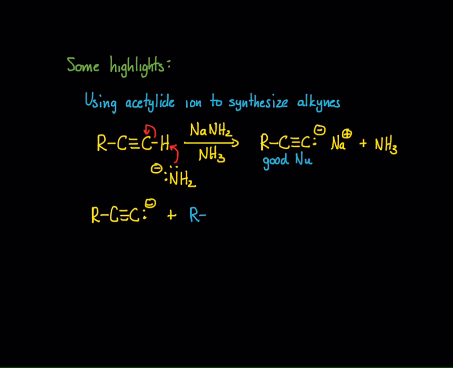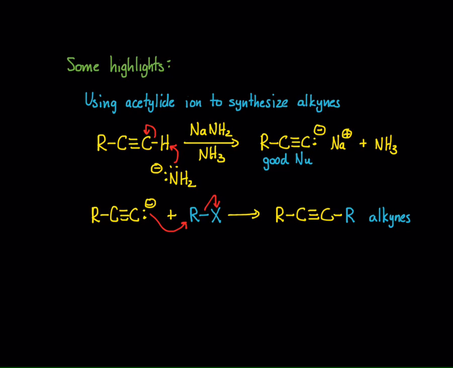Therefore, if I react my acetylide ion with an alkyl halide or a substrate that has a leaving group, the acetylide carbon can attack the R group and undergo an SN2 type mechanism and give you what are called internal alkynes.